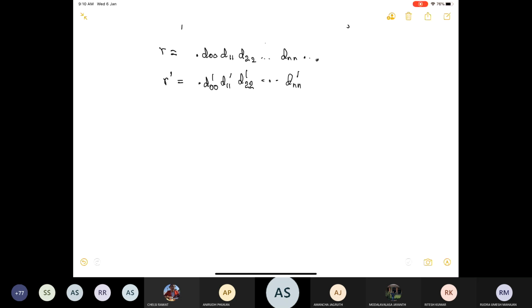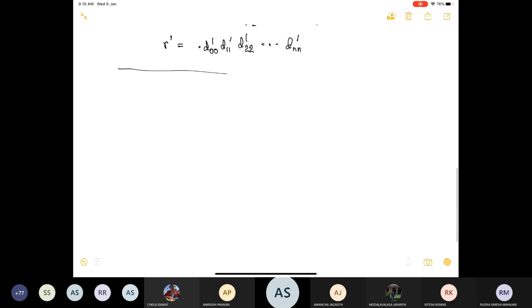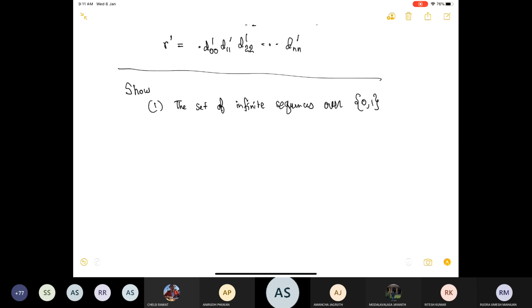So that is our overview of, we are coming to the close of our overview of cardinality, but you can use the same technique to show, and you should do it yourself, that the set of infinite sequences over the Booleans 0 and 1 is uncountable.